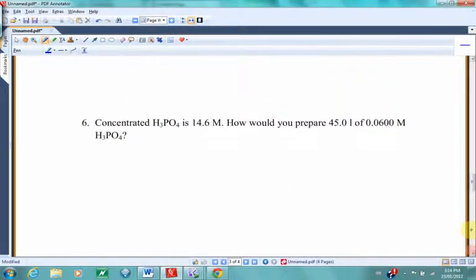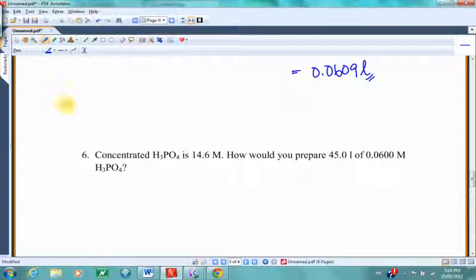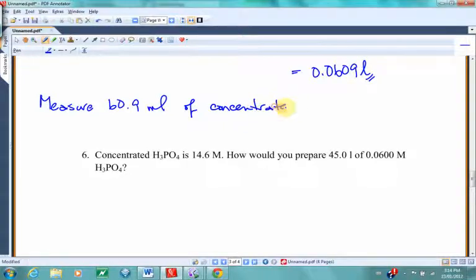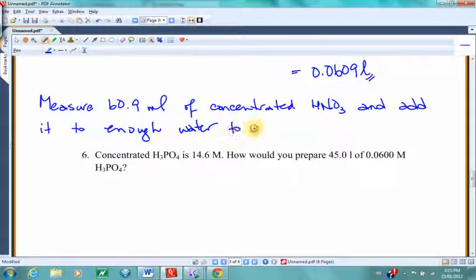In order to prepare the solution, we are going to measure out 60.9 milliliters of concentrated nitric acid and add it to enough water to make 2.50 liters of solution.